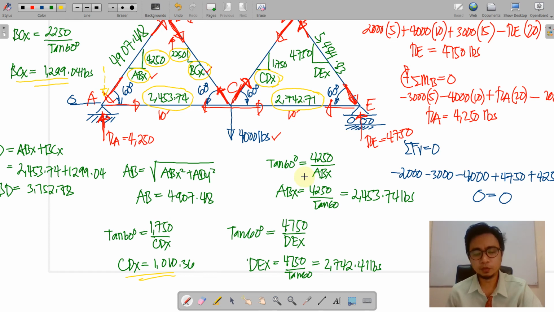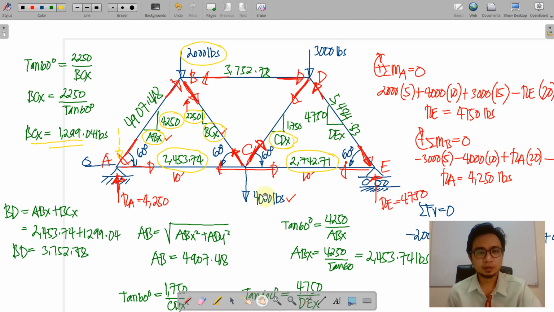Summing all of those, we have equal to 0. In short, there is now a balance between vertical and horizontal along joint C.